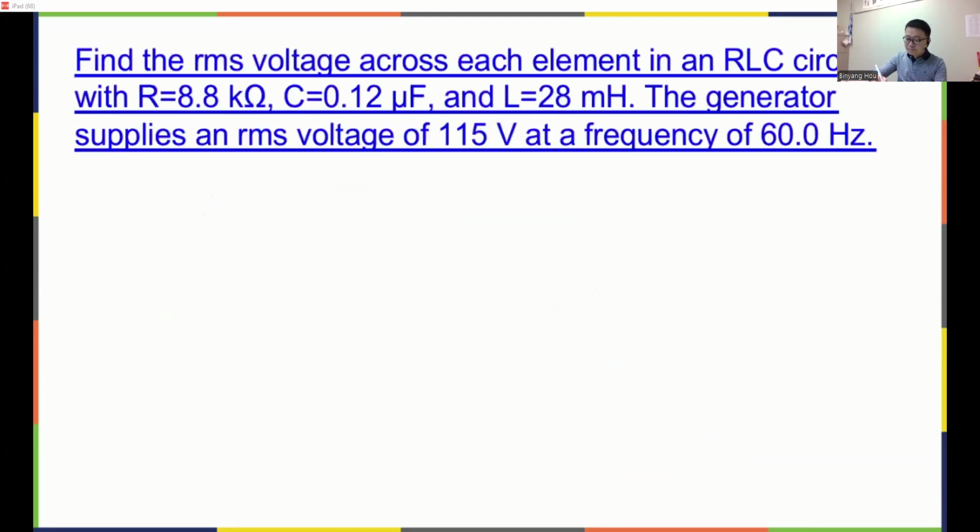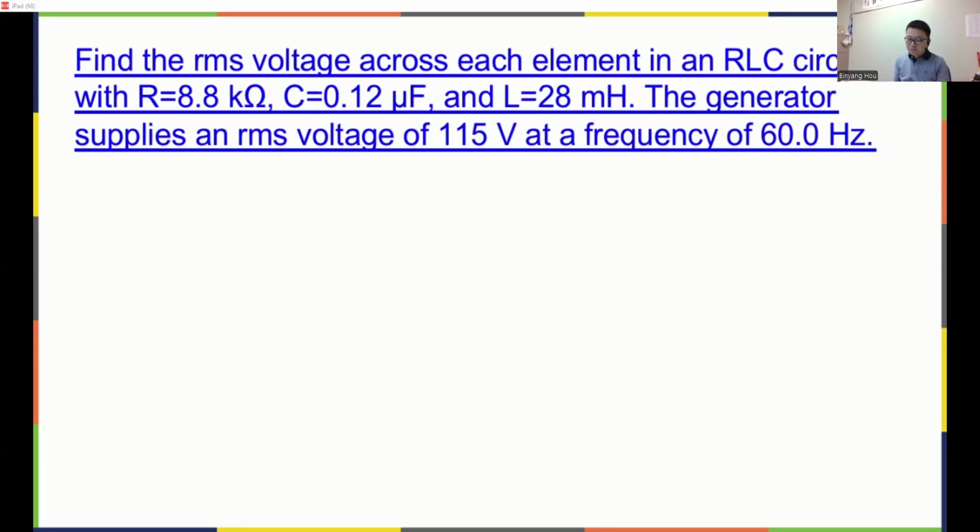All right, let's take a look at the example here. It says find the RMS voltage across each element in an RLC circuit with R equal to 8.8 kilo-ohms. There are a lot of prefixes here, so make sure we convert them appropriately to SI units.